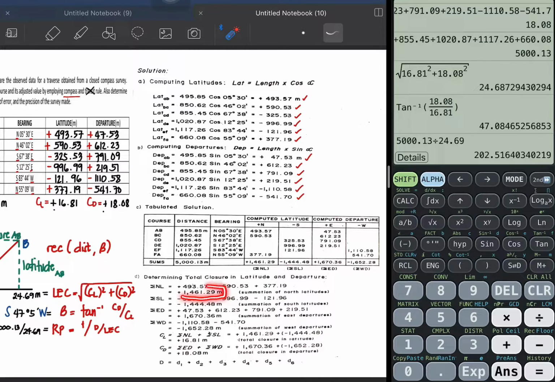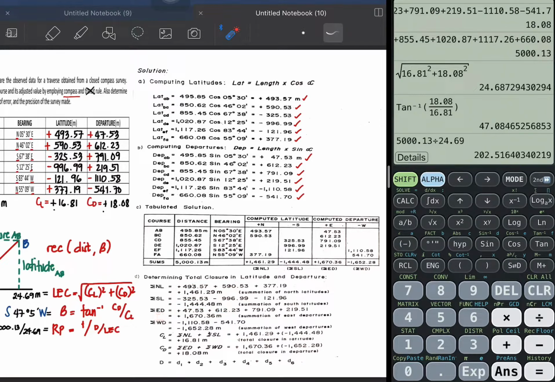Upon seeing the values, the bigger value is the north latitude. So since the north latitude is the bigger value, the correction for the north latitude is to be subtracted, and the correction for the south latitude is to be added to the south latitudes.